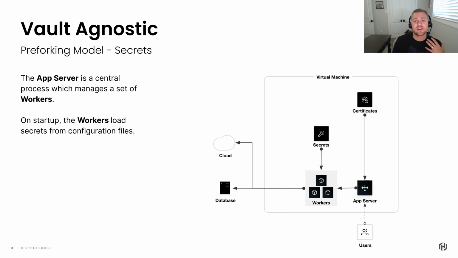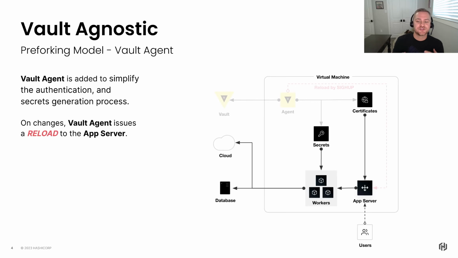Now we can implement Vault Agent here. Vault Agent is a standalone binary that runs in its own process alongside our application, and it manages the authentication and secret generation and renewal lifecycle. We're running it alongside our application because we're decoupling it from the source code.